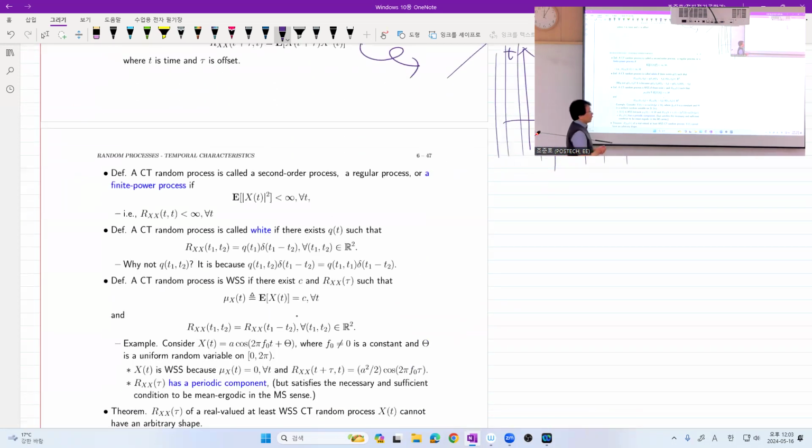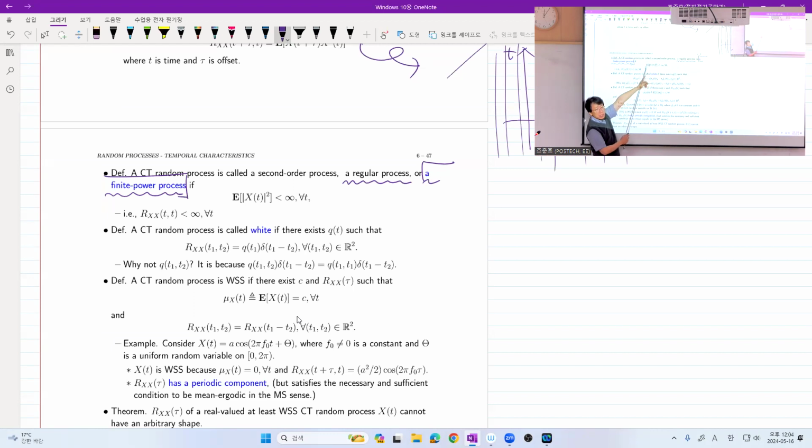Here goes one interesting definition, and that is a finite power process. A random process, whether it is real valued or complex valued, is sometimes called a regular process or a finite power random process. This is easier to understand because, by definition, see that? What is the power given a signal? Magnitude squared.